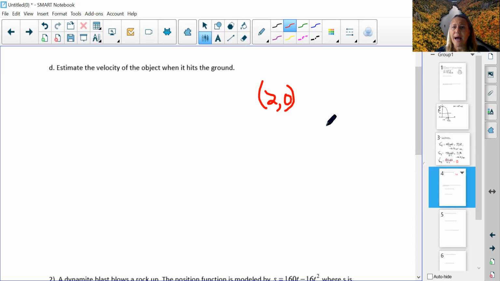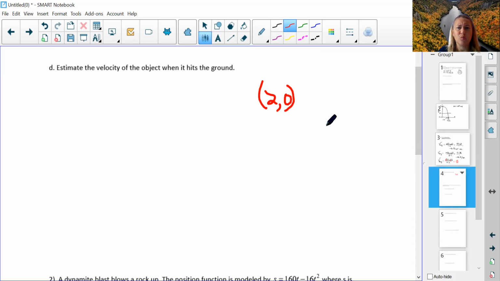I found the average velocity between 1 second and 2 seconds. That would give me a decent estimate for the velocity as the object hits the ground, but a lot can happen in 1 second. I mean, this entire path is only 2 seconds. So a lot happens in 1 second.